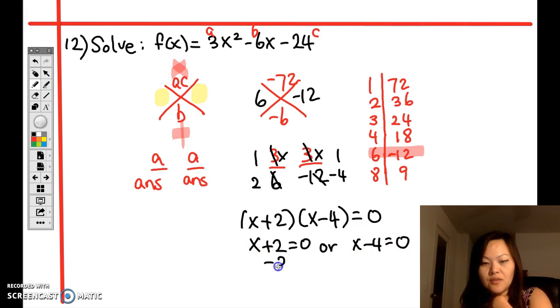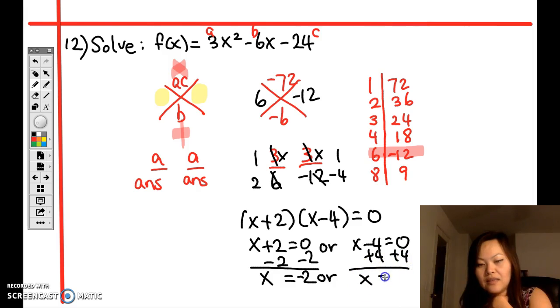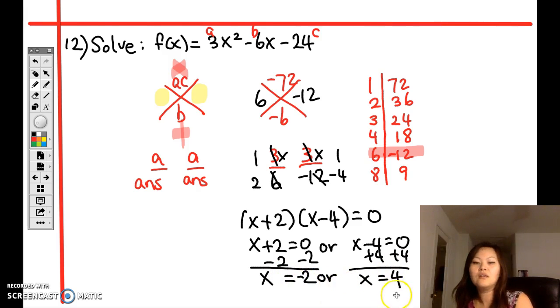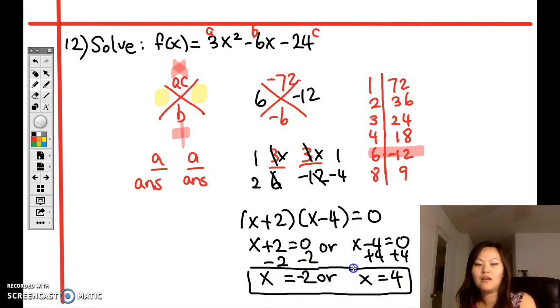Okay, so if you subtract 2 from both sides, you'll get x equals negative 2. Or if you add 4 to both sides, you'll get x equals 4. So your answer is negative 2 or 4. And that's how you write your answer, just like this. I'm going to put a rectangle around it, okay? So it's not that difficult, okay? So let's just move on.